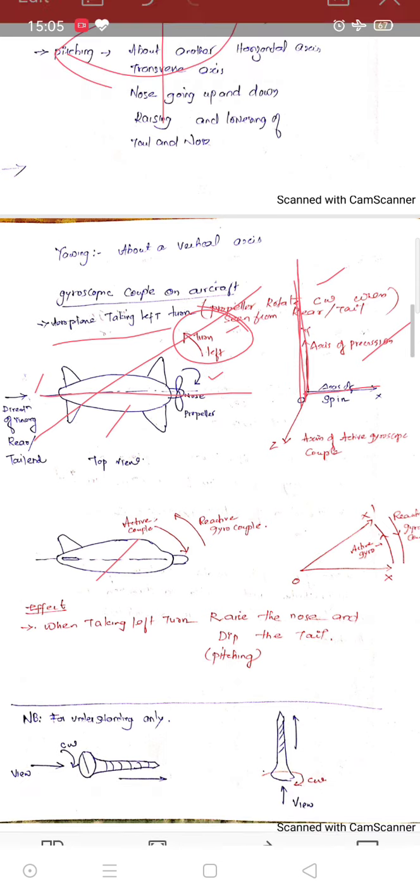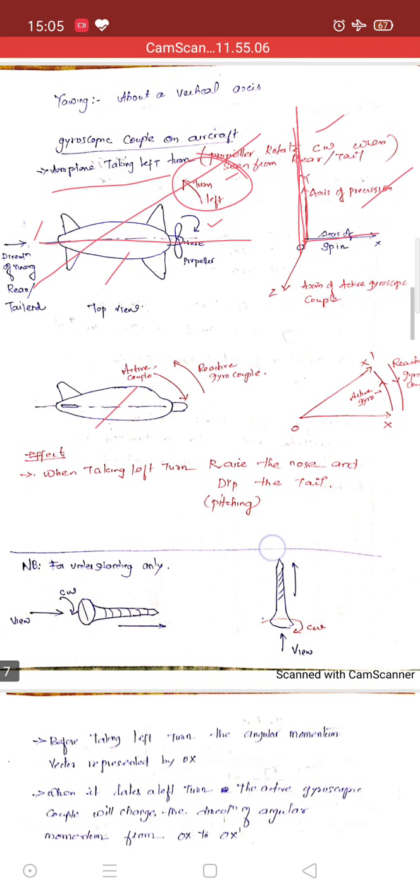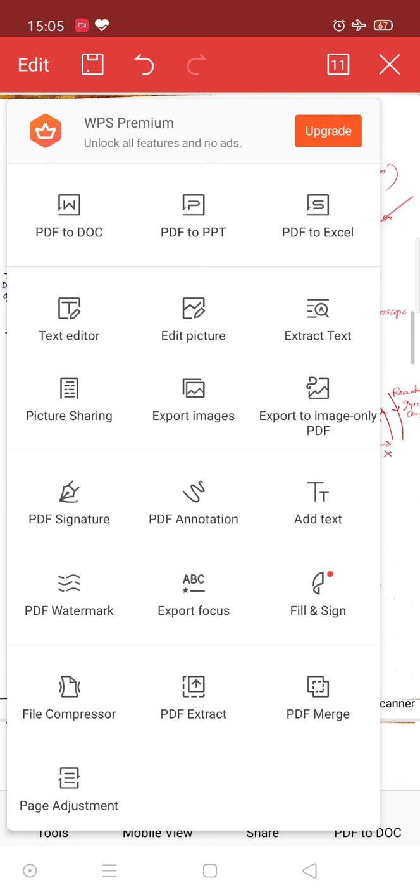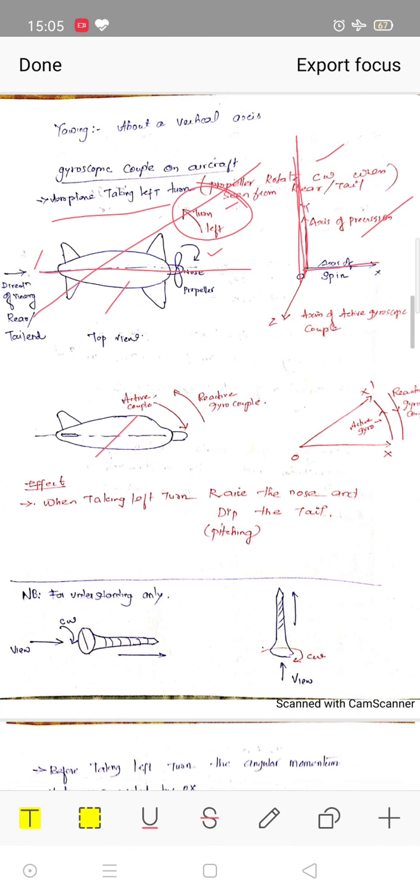So we need to determine the direction and magnitude of this gyroscopic couple. For that, initially it is mentioned that when viewing from the rear end, that is the left side, our propeller is rotating in clockwise direction.